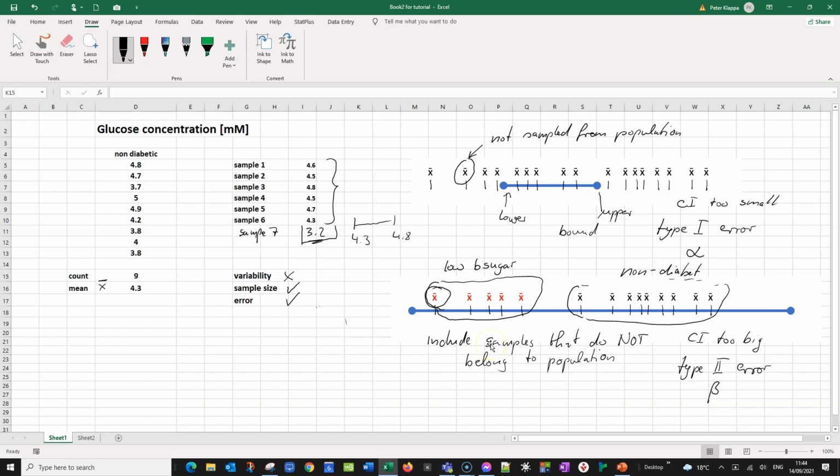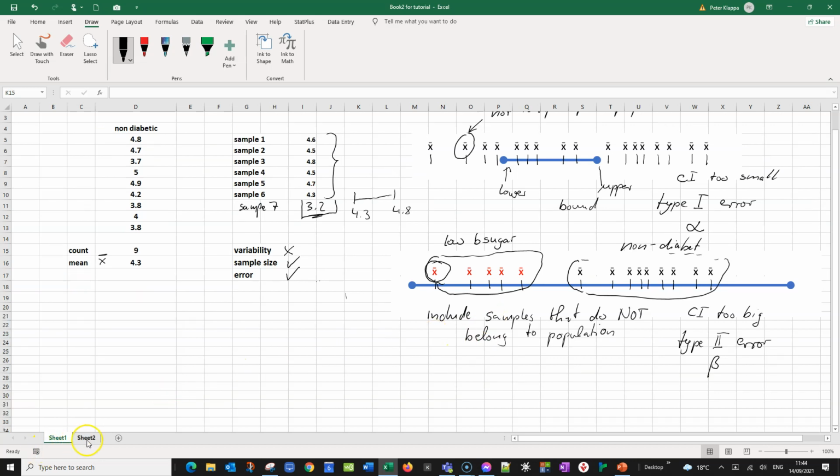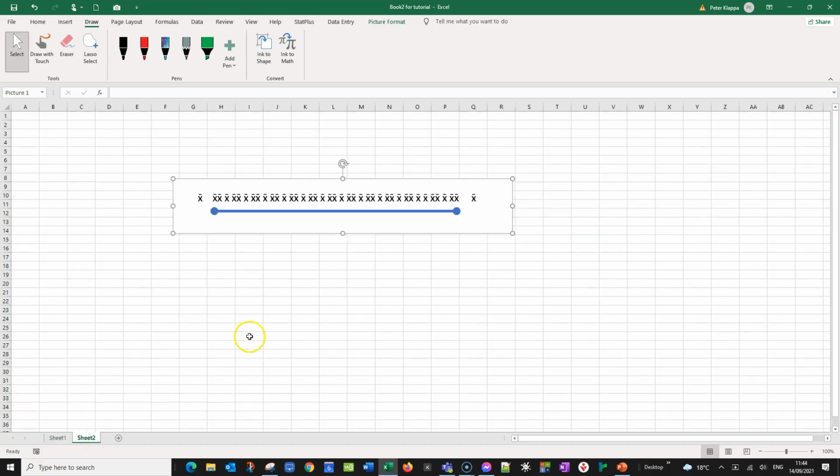Now, ideally, we want to find the sweet spot, and very often we are not too worried about the type 2 error.